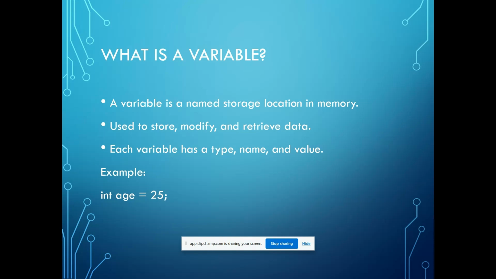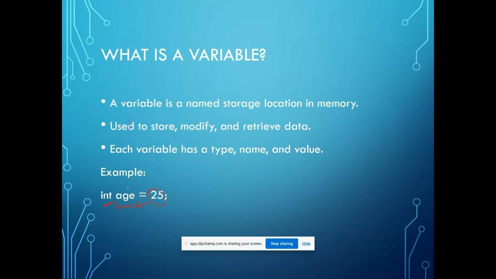So what is a variable? A variable is a named memory location. So if you're seeing here, age, here 25 is an int value, which is being stored into the age variable. So this means if you are creating a box named age, label it as an integer.